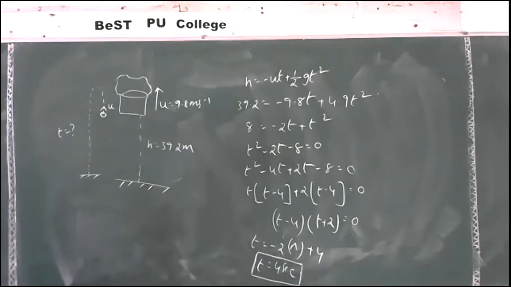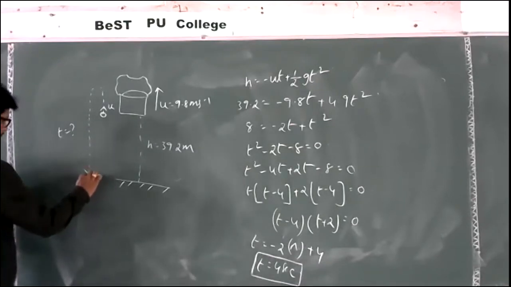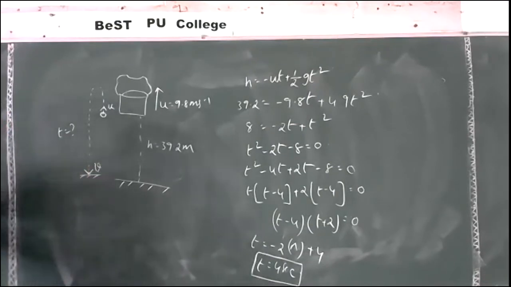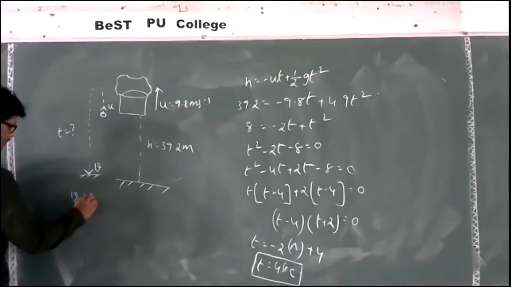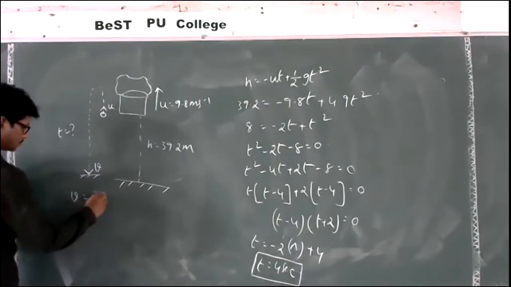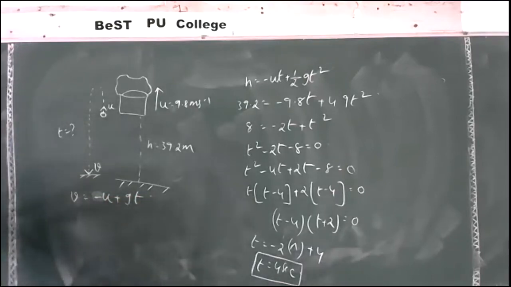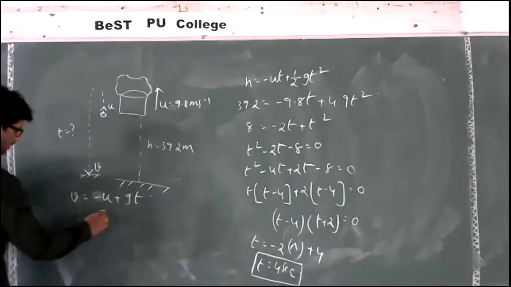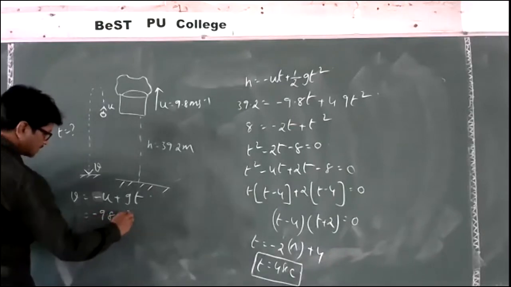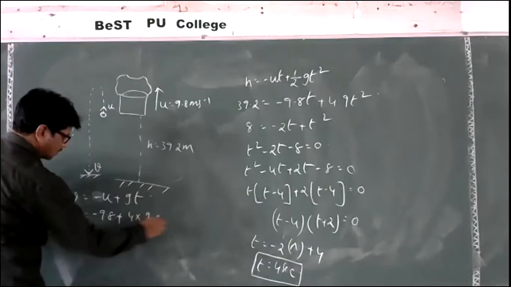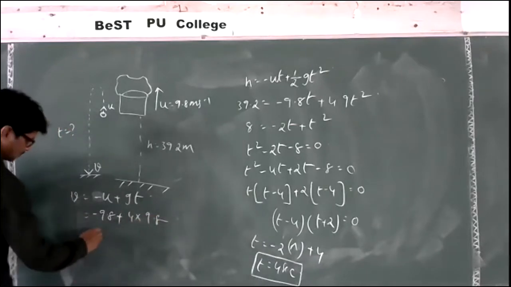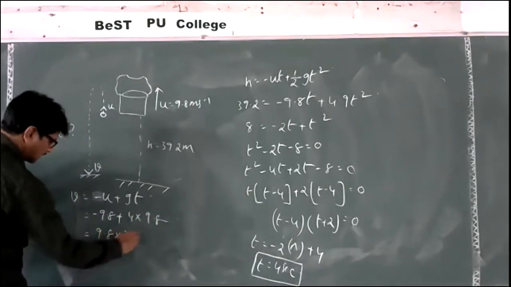Like that, we'll get the time. And he is also asking with what velocity it hits the ground. What I said, to find out the final velocity, v is equal to minus u plus gt, where u is equal to 9.8 plus 4 into 9.8, which is equal to 9.8 into 3.